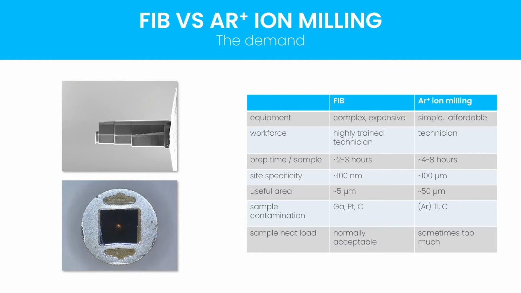Sample contamination is a very important issue. In the FIB process, you will have a fairly good chance to contaminate your sample with gallium and platinum.